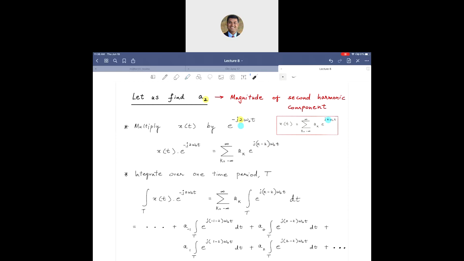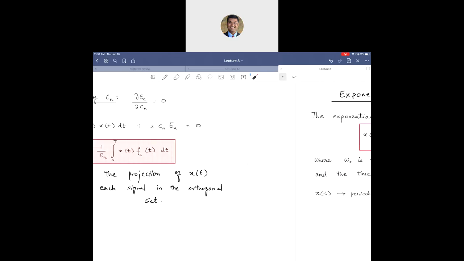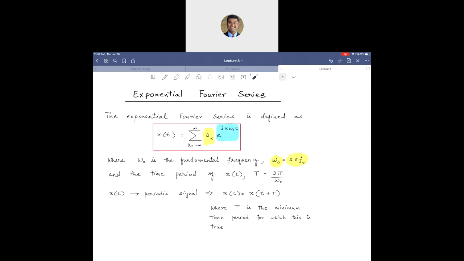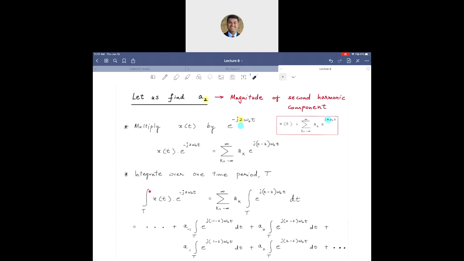Once I do that, I'm going to integrate over one time period. There's a reason why I'm integrating over one time period, cap T, because I said that the coefficients can be evaluated by integrating over one time period. So let's go back here, integrate over one time period.